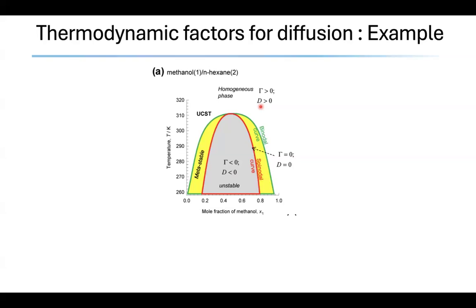So this roughly tells you how the thermodynamic factors of mixtures are connected to the Gibbs excess free energies. In essence, the thermodynamic factors are to a great extent dependent on the second derivative of the Gibbs free energies.